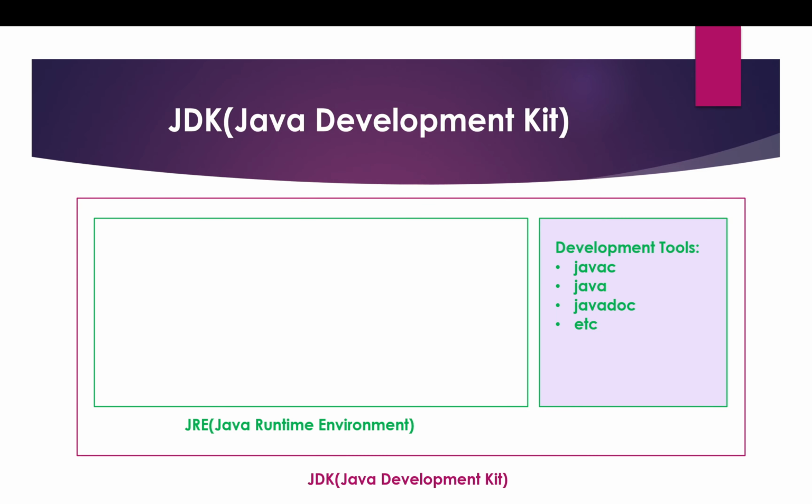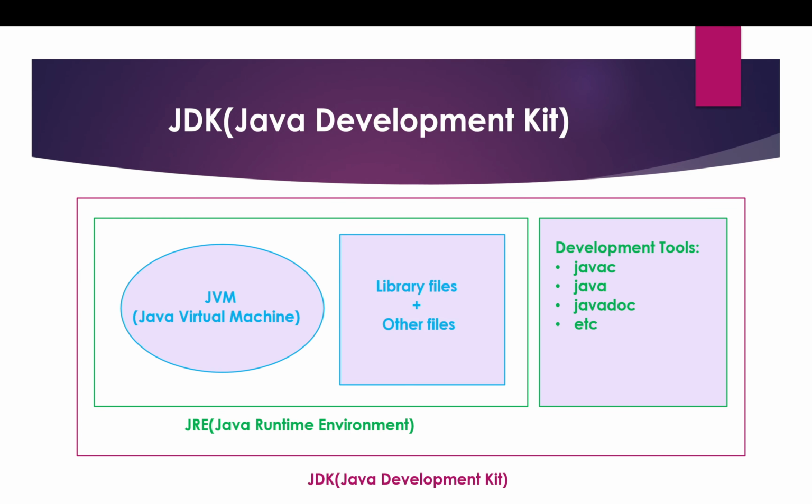Now the Java Runtime Environment is sufficient to run a Java program, but if you want to develop any Java-based application, then you need these development tools also. So the JDK consists of two parts, JRE and development tools. In JRE, that is Java Runtime Environment, we have the virtual machine, that is JVM, and some library files which JVM needs at runtime to run your program.